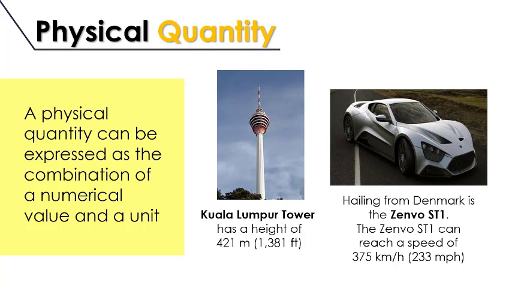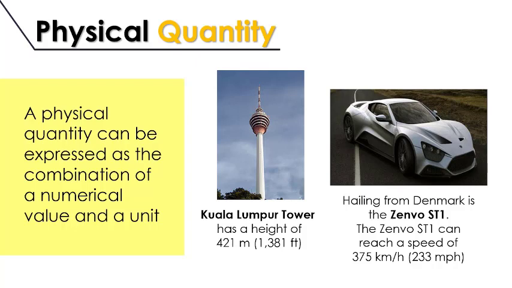The same goes with the speed of the sports car Zenvo ST1. If the top speed of the car is written without the unit, 375 or 233, the numbers do not give us any meaning.